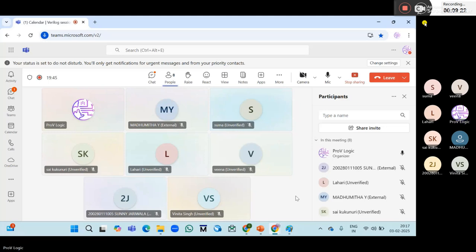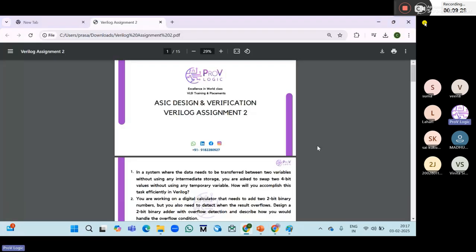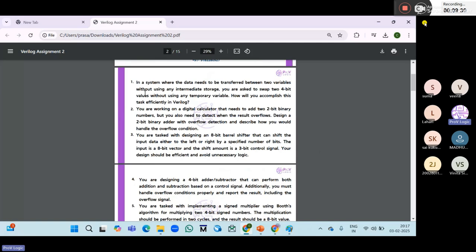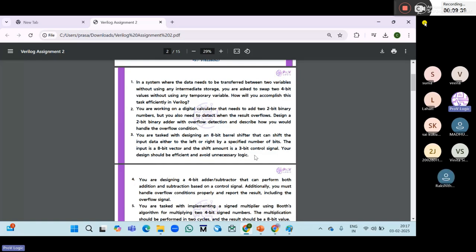Madhumita, Vinita. Vinita, you have not joined the session at the start. I just explained the problem statements, how to work with combinational logic circuits using Verilog HDL. Just go through that and try to do the assignment. Sure.